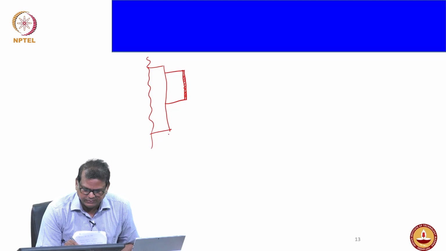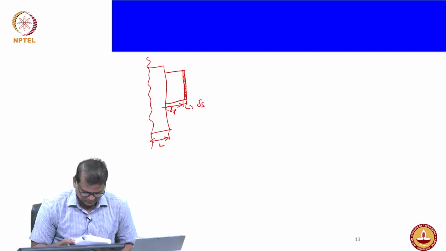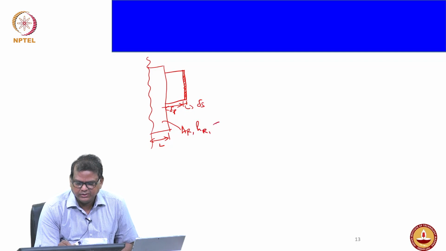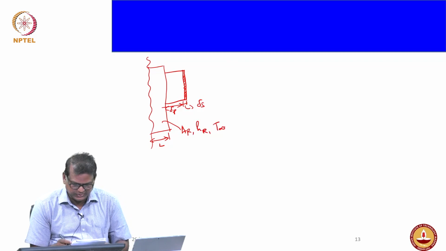I have already given this as L. This will be delta P and this will be delta S. Then you have from here AR, HR and T infinity, so room temperature.